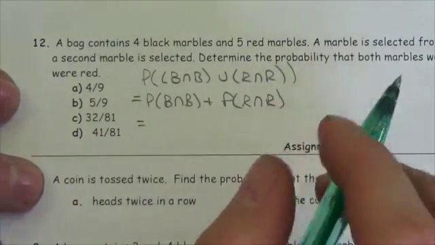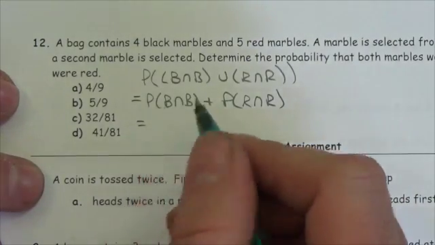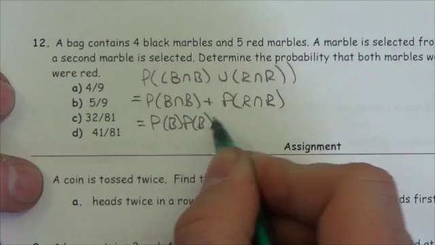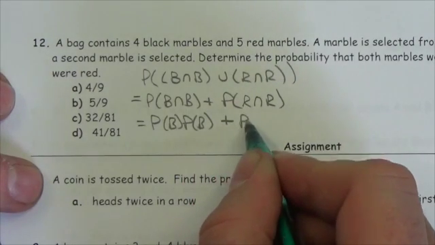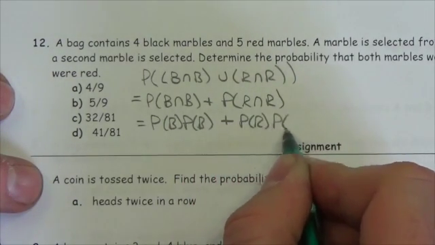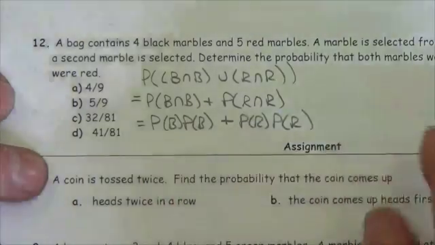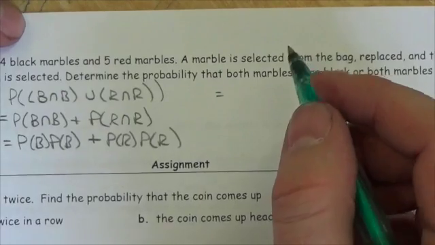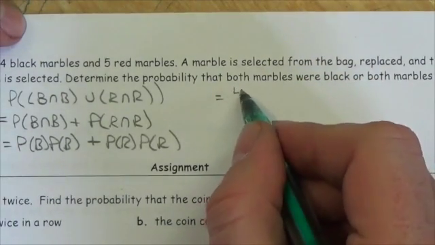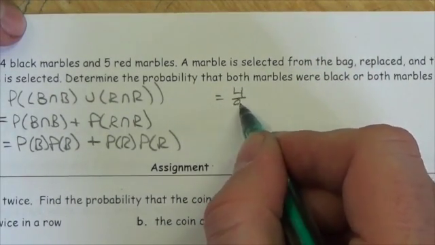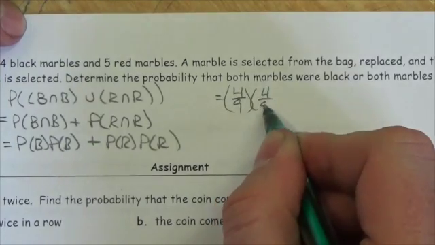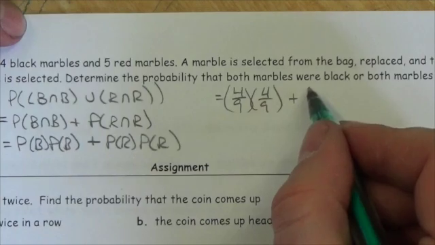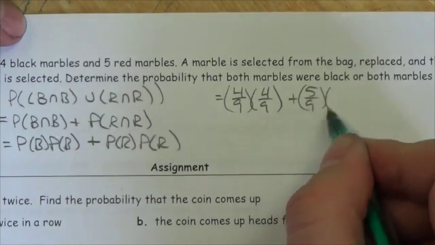Now, because we're putting the ball back in, these are going to be independent events, so this will be the probability of B multiplied by the probability of B, or the probability of red multiplied by the probability of red. Okay, now let's go and take a look at this. I've got 4 black and 5 red, so that's going to be 4 over 9 times 4 over 9, okay, plus 5 over 9 times 5 over 9.